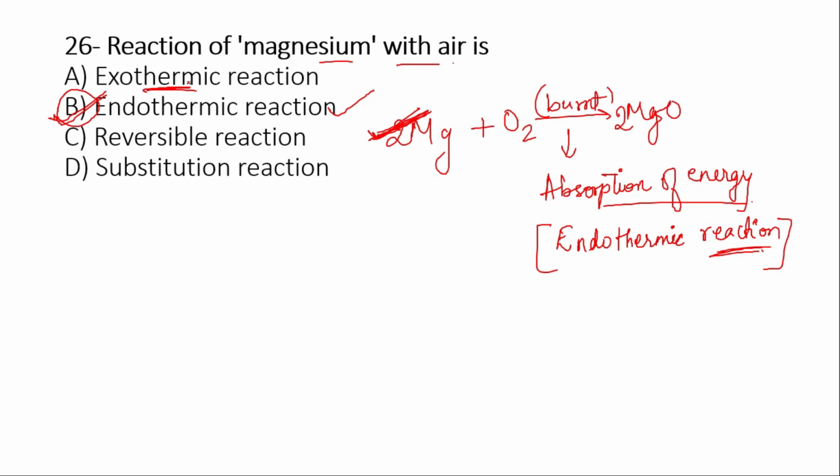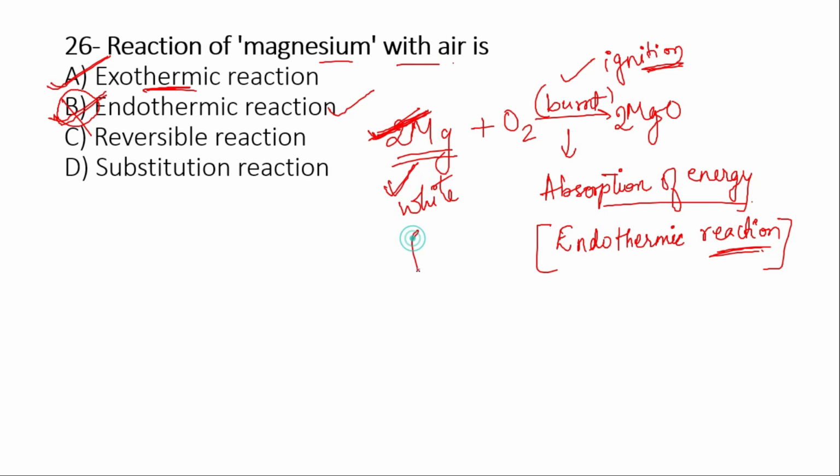ठीक है? Or instead of giving you as a homework, I'll only explain to you why I'm saying that. कि correct option should be your A, because when it is burnt, when it starts burning, at that time burning is an ignition temperature. It provides only ignition temperature, and after receiving this ignition temperature, magnesium ribbon itself starts burning with a white flame.